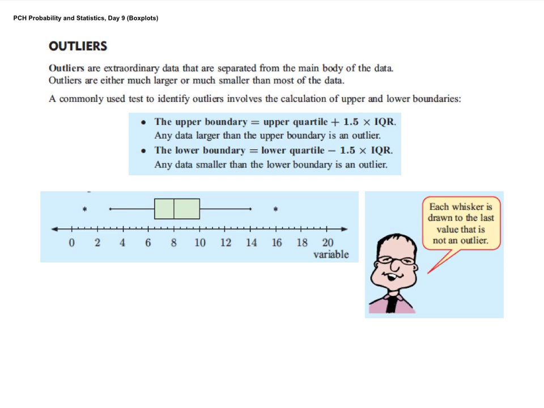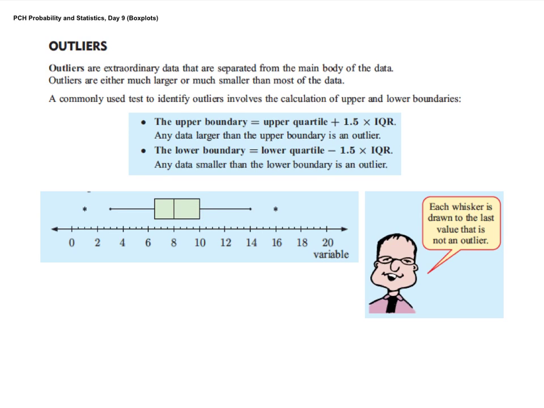So to create these boundaries, what we do is we take the IQR and multiply it by 1.5. As an example here, our Q1 is at 6.5, our Q3 is at 10.